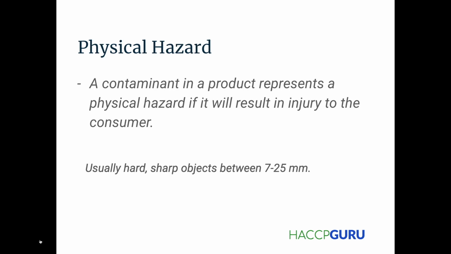So, the proper definition: a contaminant in a product represents a physical hazard if it will result in injury to the consumer. Usually, sharp objects between 7 to 25 millimeters.